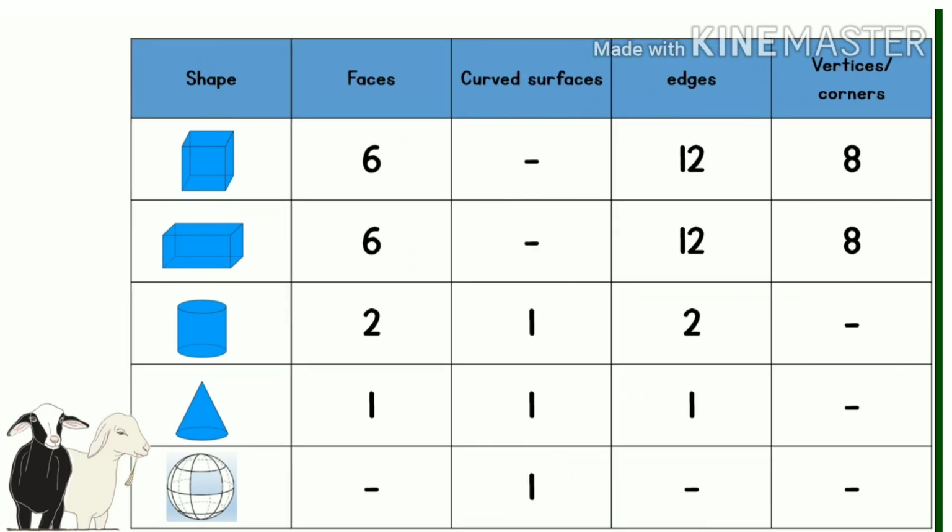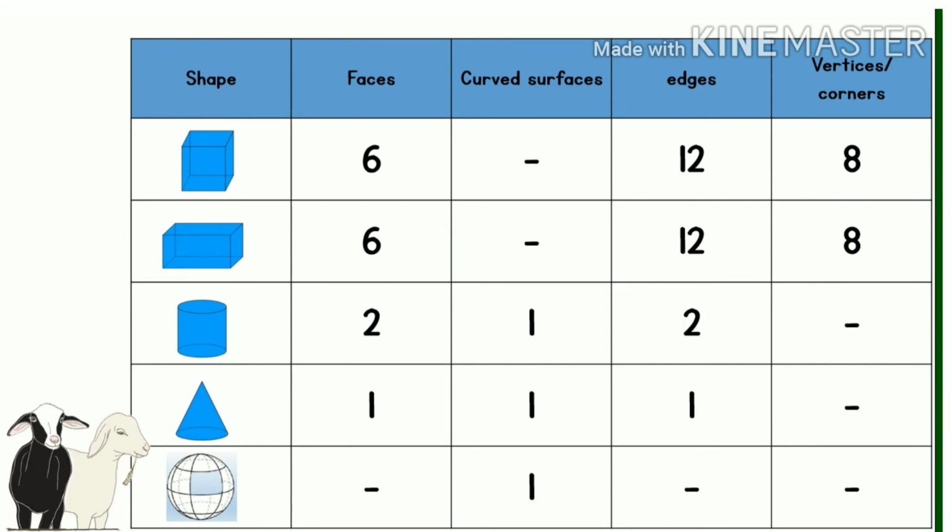This is the table that maybe will make it easier to understand. There is a cube, cuboid, cylinder, cone, and sphere. Look at this. Between cube and cuboid has the same amounts of faces, edges, vertices or corners. They have the same amount. The difference is only the shape pattern. In the cube, we have 6 squares, and then in the cuboid, we have 6 rectangles.